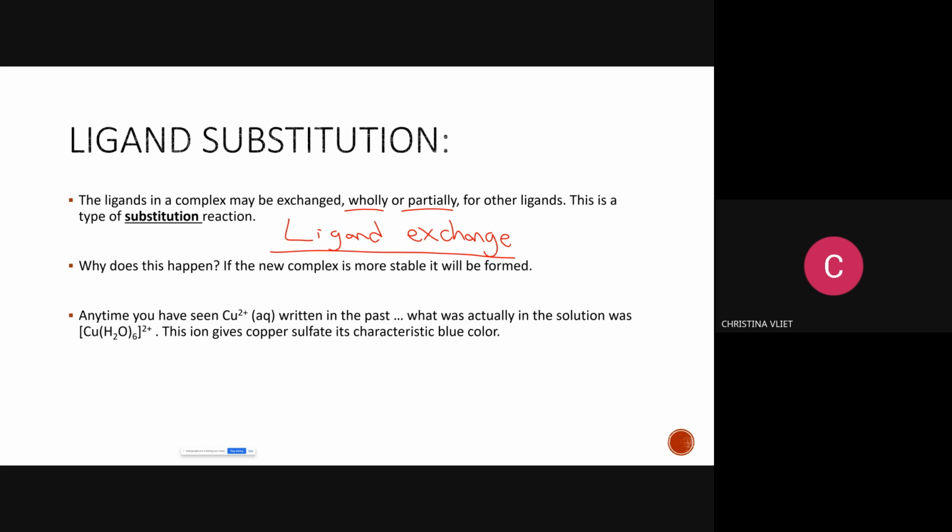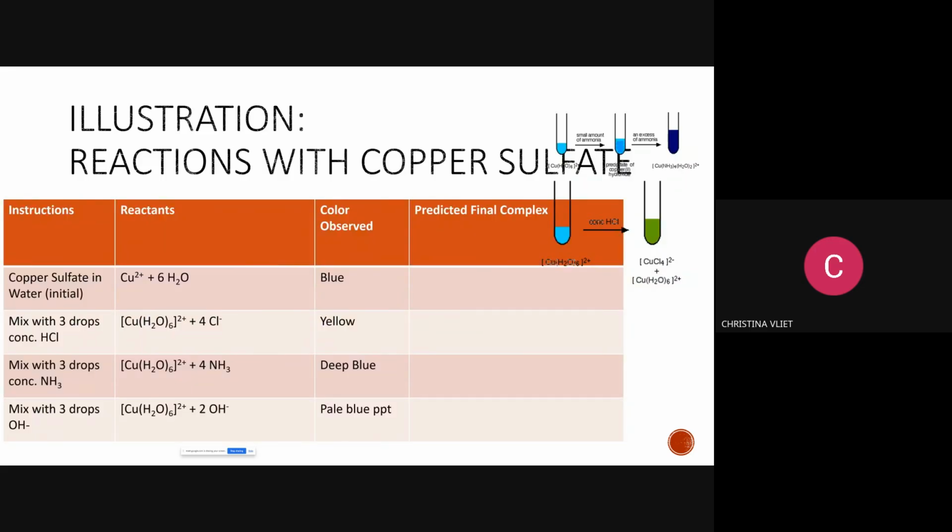All right, so anytime you've seen, I've already brought this up, if you've seen copper 2 plus aqueous, what it actually was copper with 6 waters. And this gives copper sulfate, which is probably the one I'll be preparing for you on Thursday. Its characteristic blue color looks like that really pretty blue. And so here's, I don't know, maybe bad news. There's going to be a decent amount to memorize here.